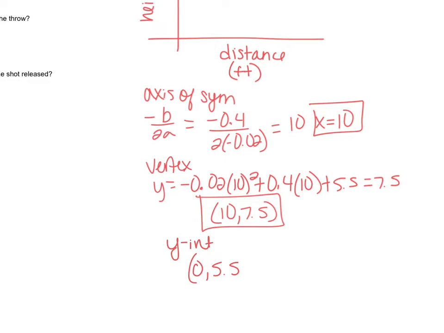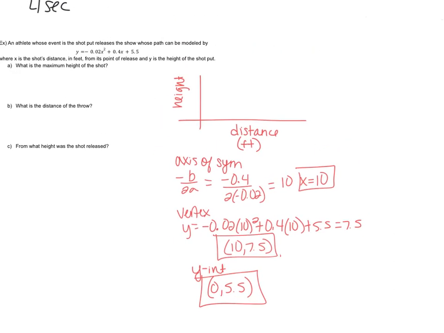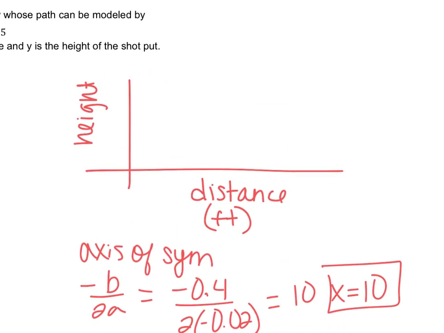All right, so this one is a little different, and the reason why I say it's different is because the y-intercept is not 0 like the last one, but for now I'm just going to go ahead and plot all of this stuff. So we have our axis of symmetry at 10. So here's 10.